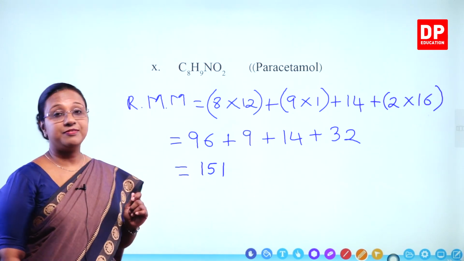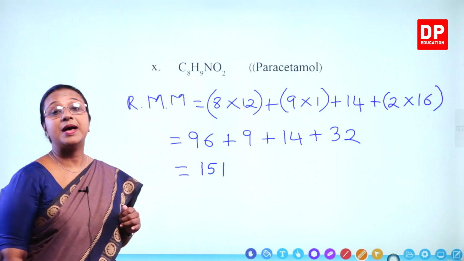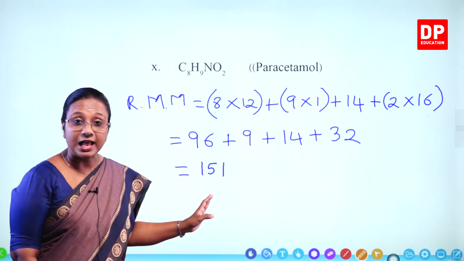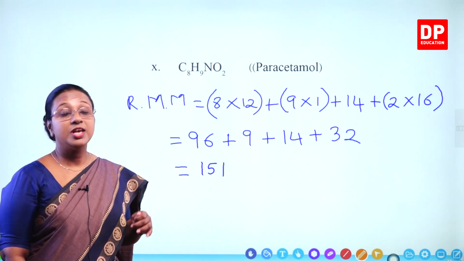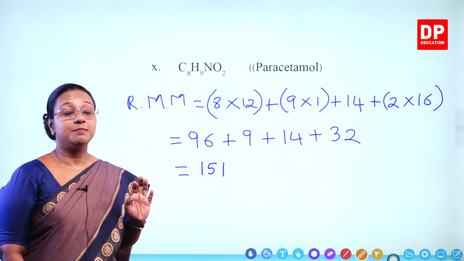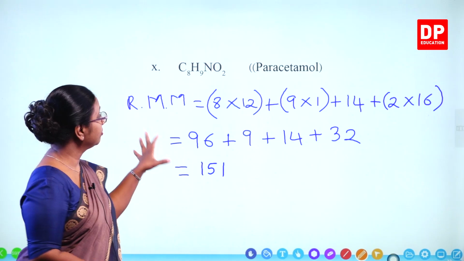So 151 is the relative molecular mass of paracetamol. I am sure you were able to calculate all these values, the relative molecular masses of the different compounds given to you.